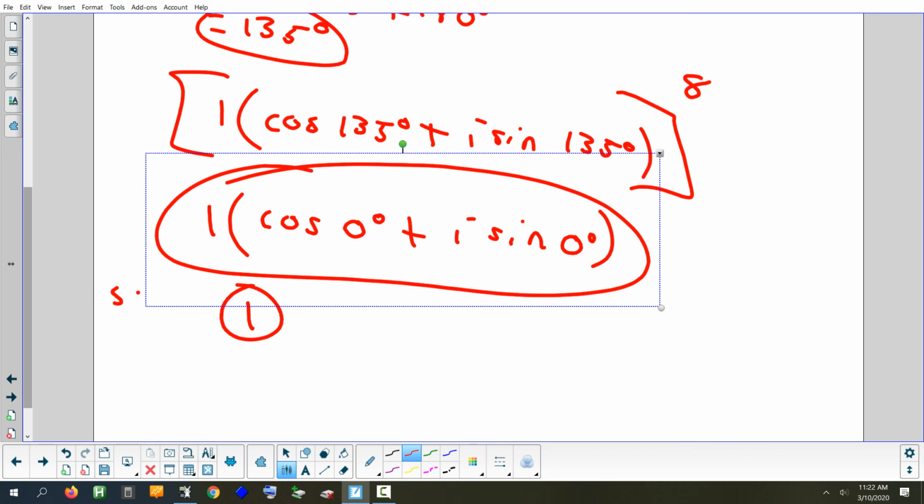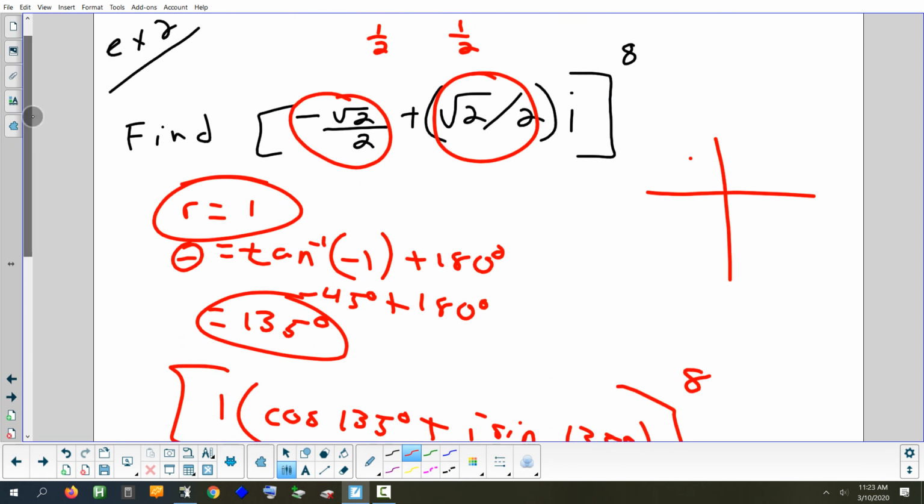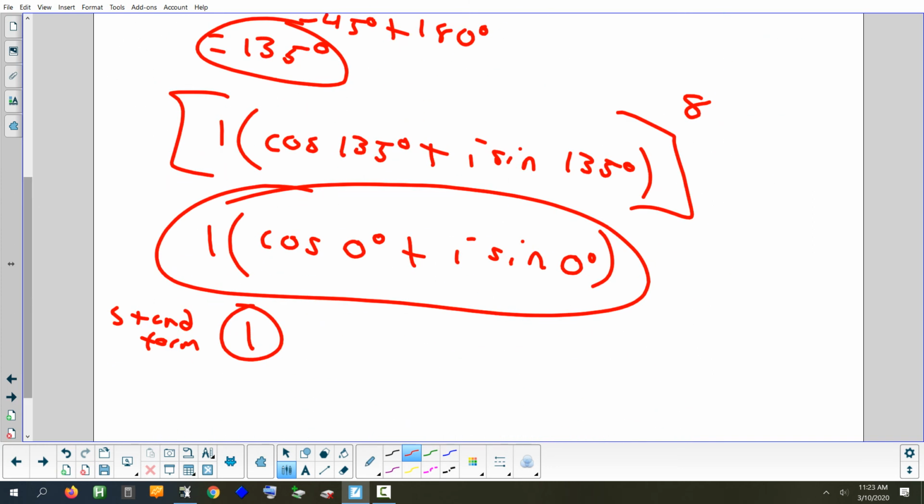So if you simplify that in standard form, you're going to get 1. If you do it in trig form, that answer is also correct. So when you raise this number to the 8th power, you get 1.